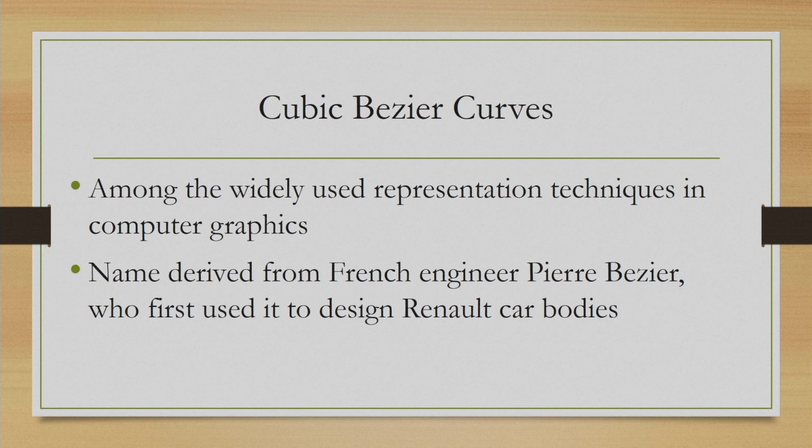Now, these particular curves, the cubic Bezier curves, are among the widely used representation techniques in graphics. The name has been derived from the French engineer Pierre Bezier, who first used it to design Renault car bodies.